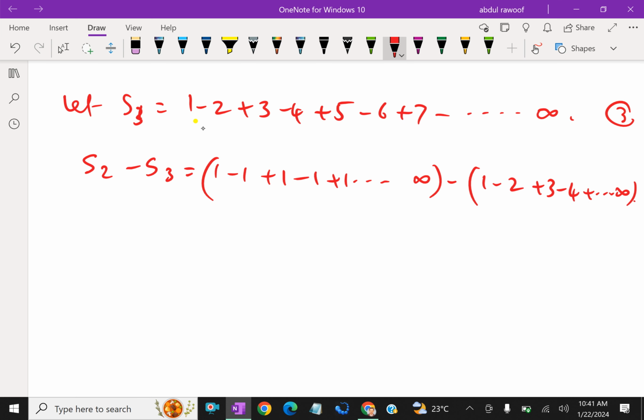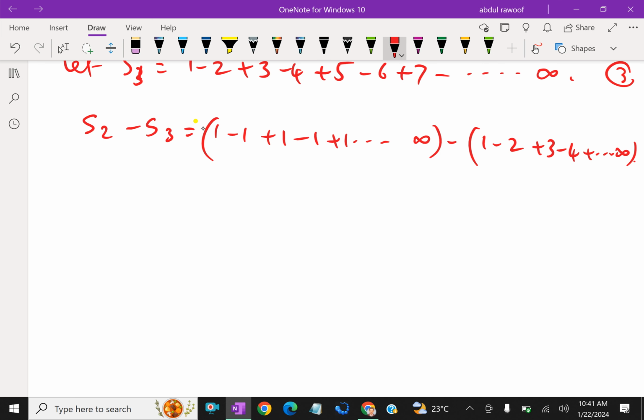I write this one by one. S2 is 1 minus 1 plus 1 minus 1 plus 1, and under it I write 1 minus 2 plus 3 minus 4 plus 5, up to infinity.